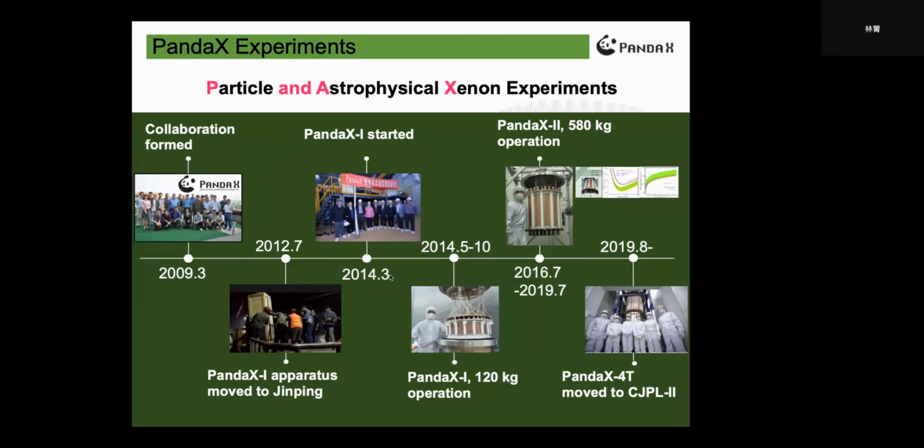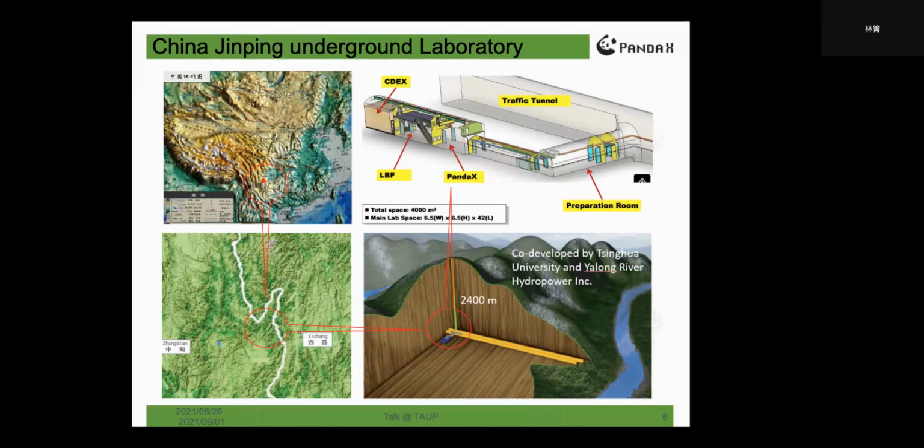PandaX-I started operation in 2014, and then quickly the detector was upgraded to a 580 kilogram detector called PandaX Phase 2, which operated during 2016 to 2018 and obtained very good results. PandaX-4T has now moved to a new lab with all systems upgraded.